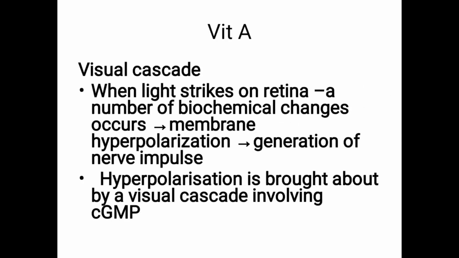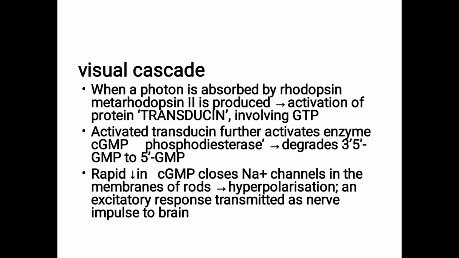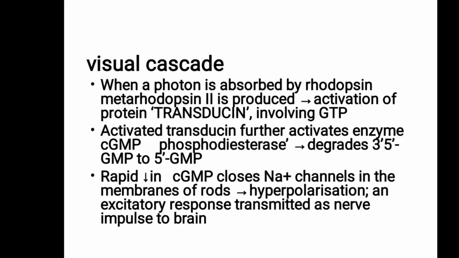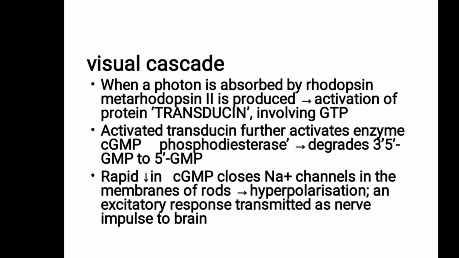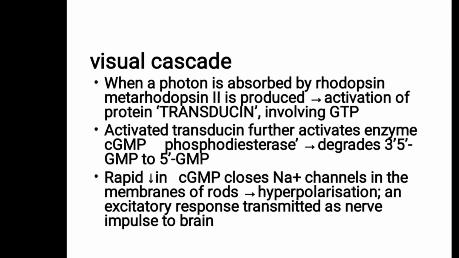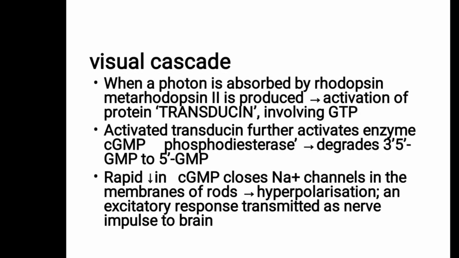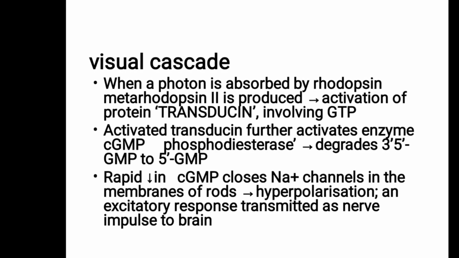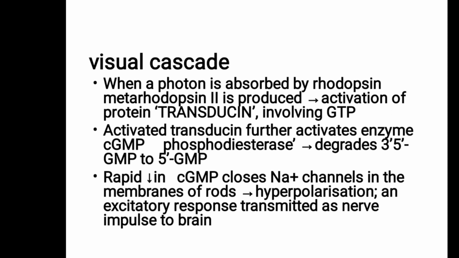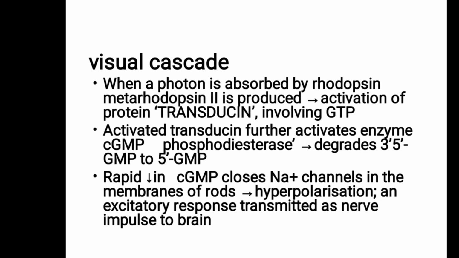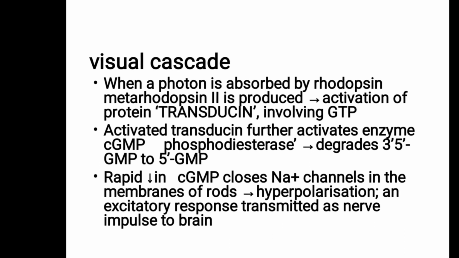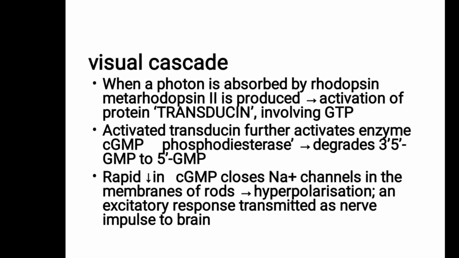When a photon is absorbed by rhodopsin, a compound called metarhodopsin forms. There are detailed reactions, but they are not required. You just remember the formation of metarhodopsin II, which activates the protein transducin and involves GTP, because GTP is converted to GMP.